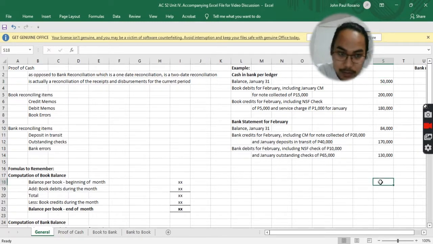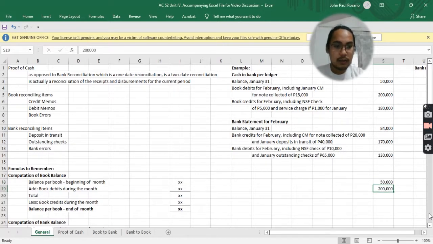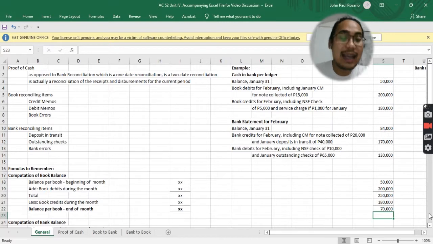So if we substitute that here, we have 50,000, and then we add here 200,000. So we will have a total of 250. Then we deduct the 180,000. So 250 less your credits. So you will have your ending cash balance per books na 70,000. And again, this is unadjusted balance.